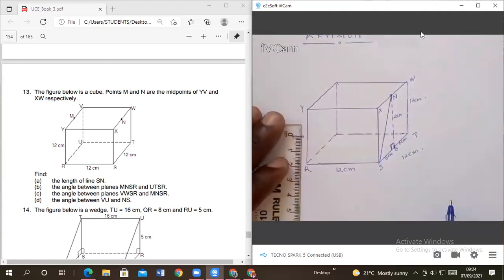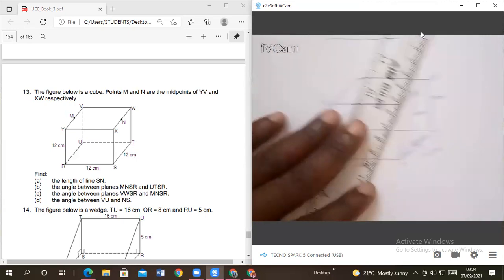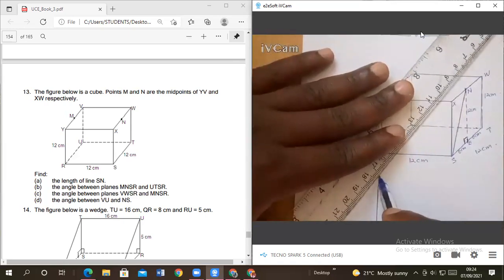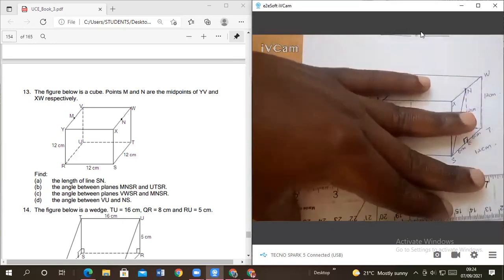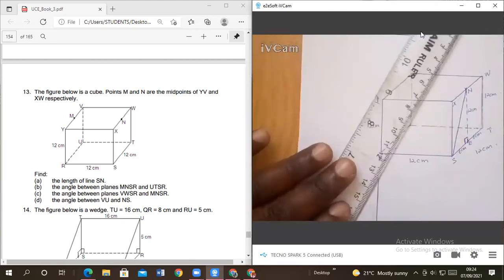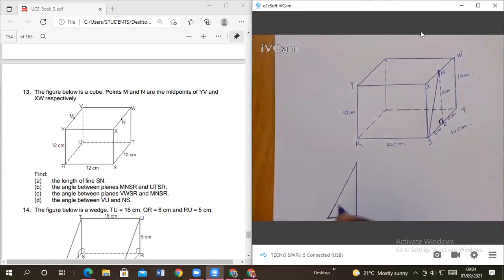So I'm going to draw out this right-angled triangle.